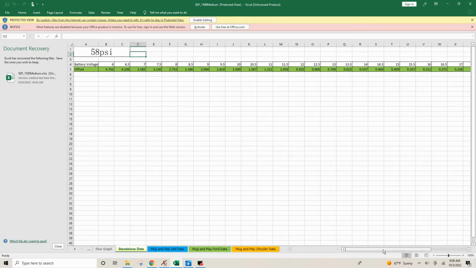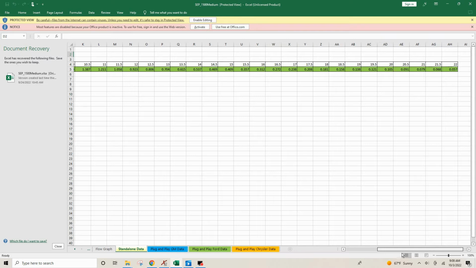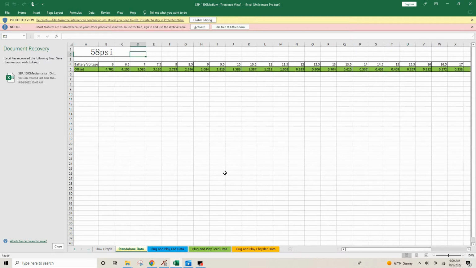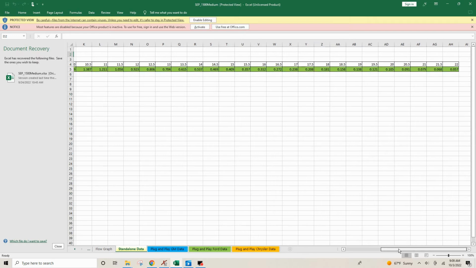Because this is where our injector dead times are at. So we want to run in this area, that way our injector dead time will be fairly accurate and on point.